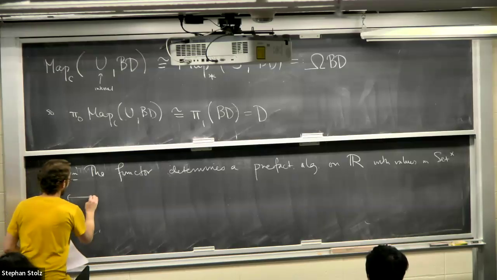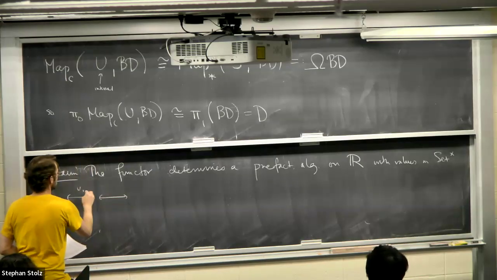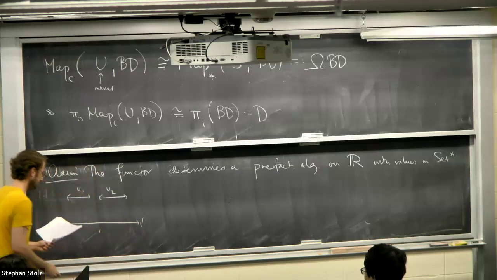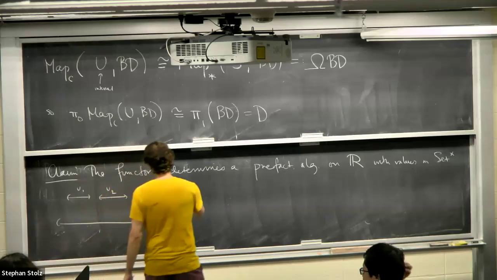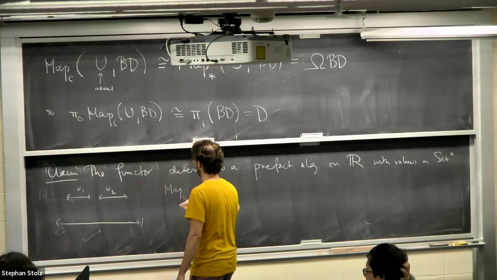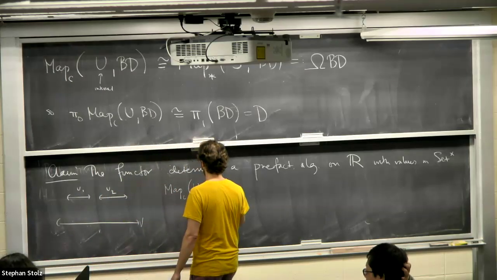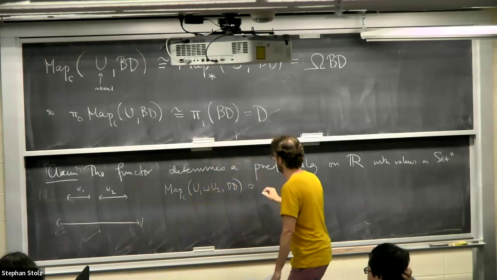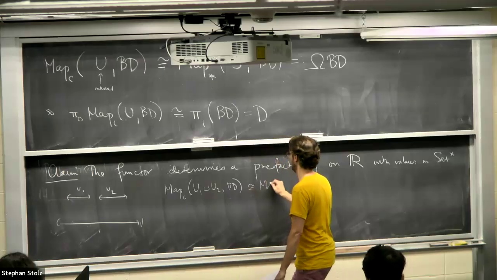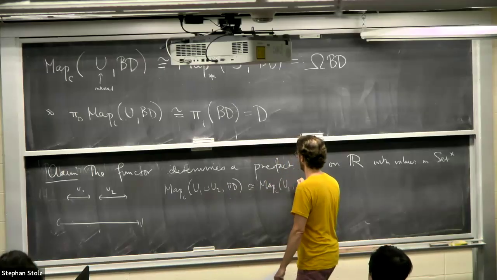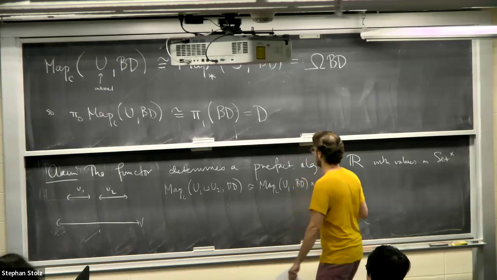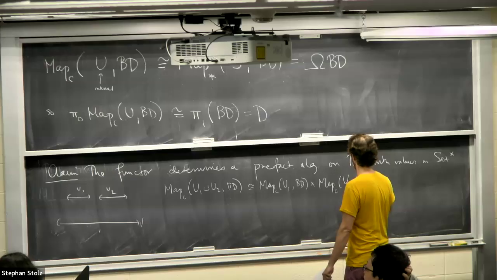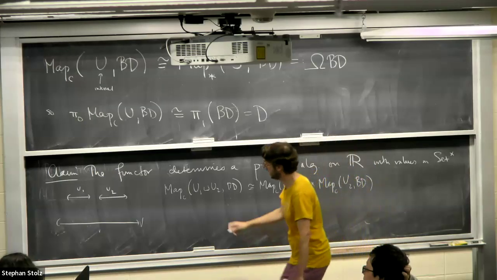Let's think again about two intervals U1 and U2 contained in some longer interval V. Here I'm thinking about compactly supported maps on U1 disjoint union U2 to BD. This is equivalent to compactly supported maps on U1 into BD cross compactly supported maps on U2 into BD.